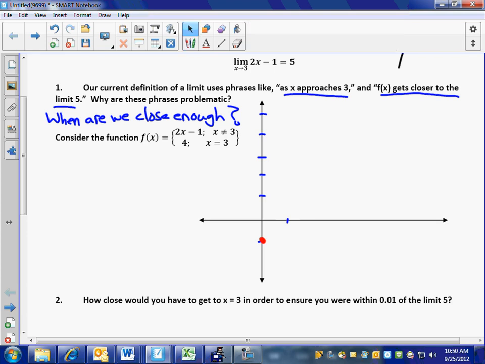Slope is... So I go up 2 and over 1, up 2 and over 1, up 2 and over 1. Oh, but at 3, it's not equal to the function at 3, so I have a hole right there.